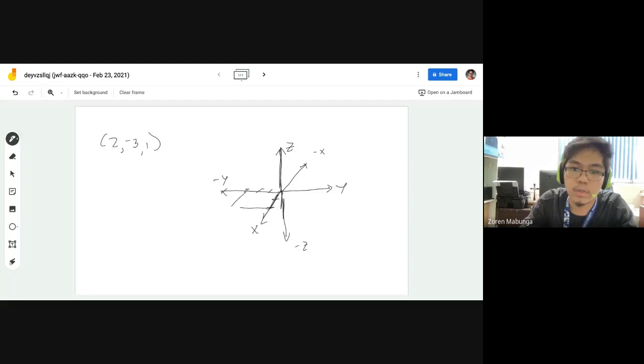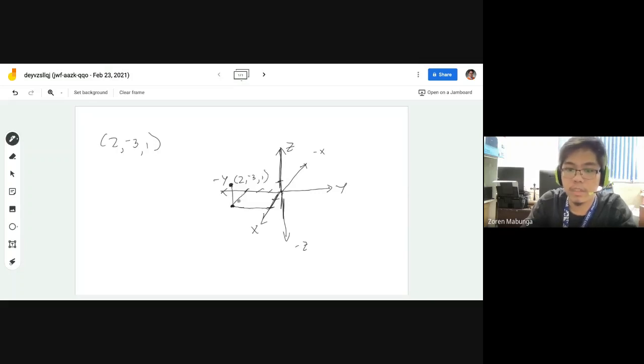Okay, so project mo. So kung ito yung intersection nila, tapos ang value mo ng z-axis is 1, so taas ka lang ng isa. Kung ito yung 1, so itapat mo lang. So yan. So dito ngayon yung magiging point na 2, negative 3, and 1.